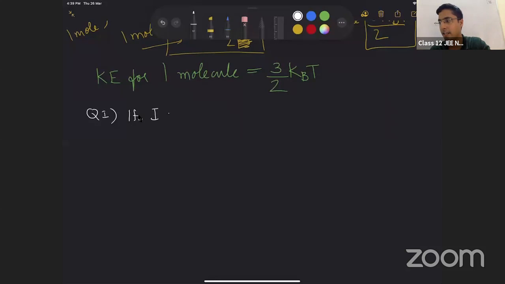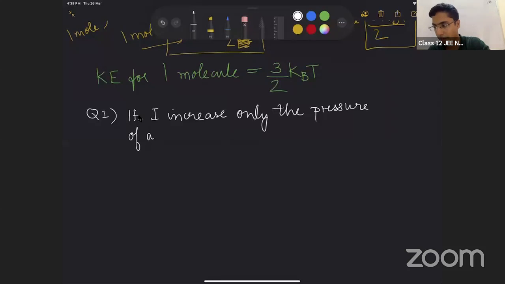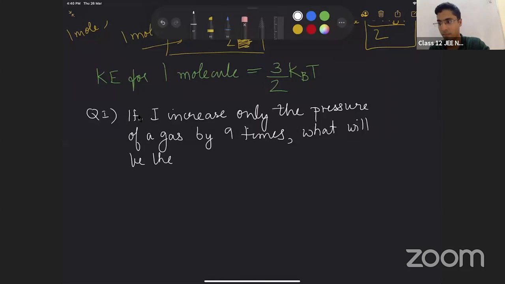If I increase only the pressure of a gas by 9 times, I make it 9 times, what will be the change in its RMS velocity?